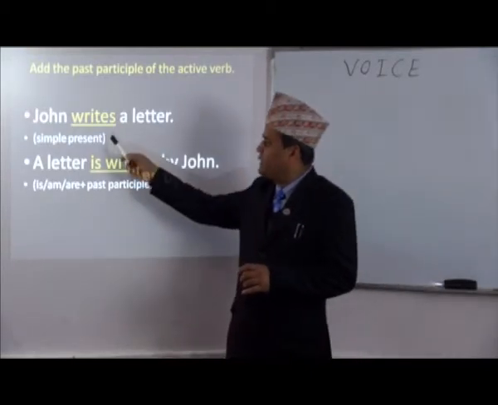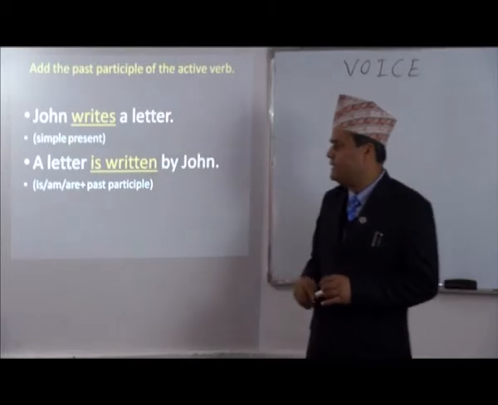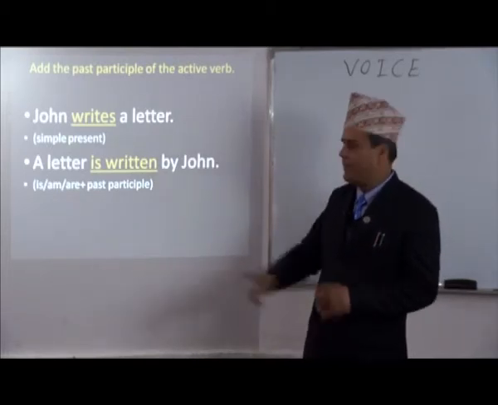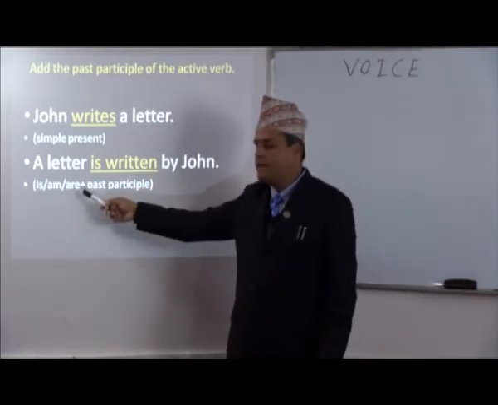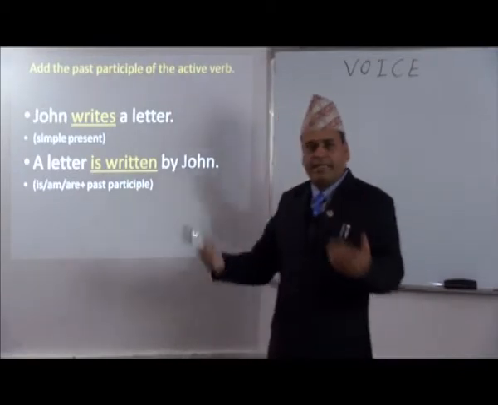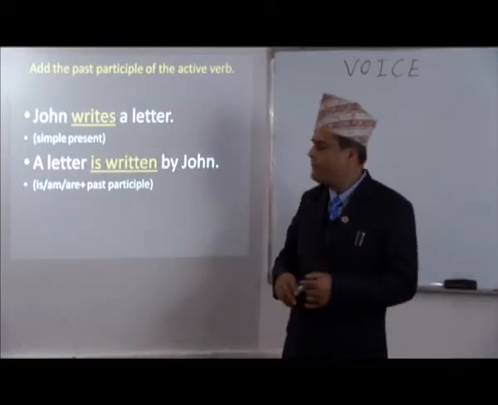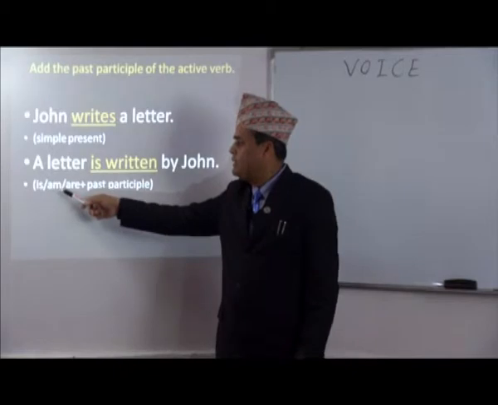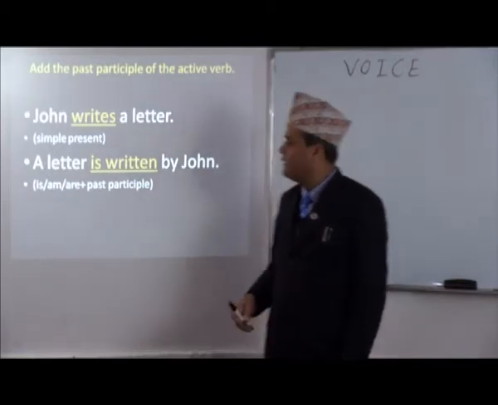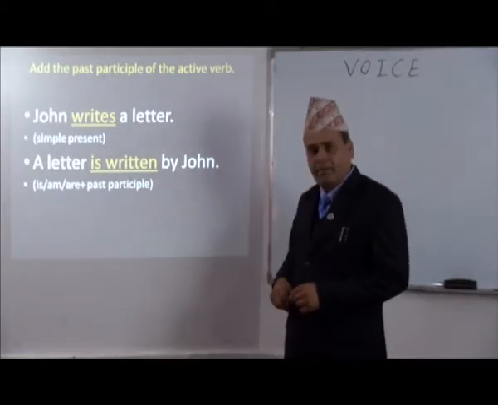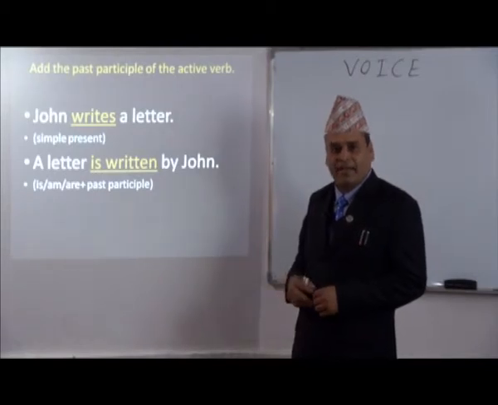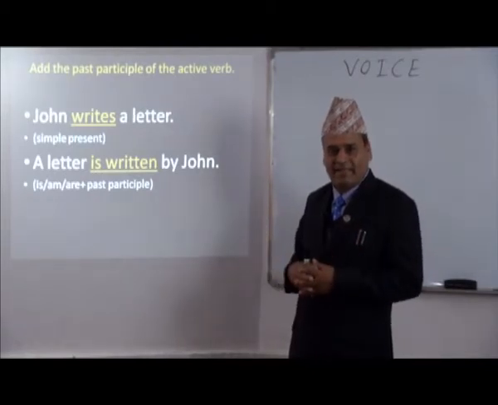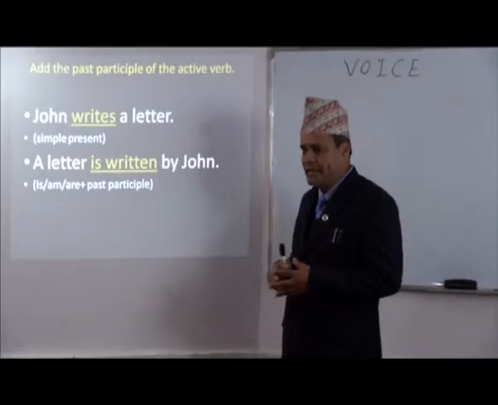What happens is, here writes becomes is written in simple present. So if you look at the formula, you can see when we change simple present tense into passive, we add is, am or are and the past participle form of the verb. Okay, I hope you understood simple present tense. Similarly, let's look at the next.